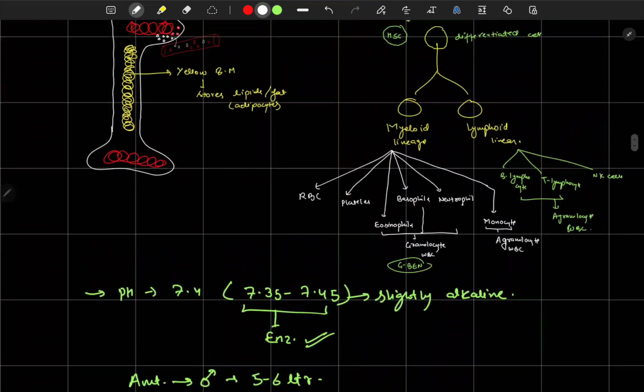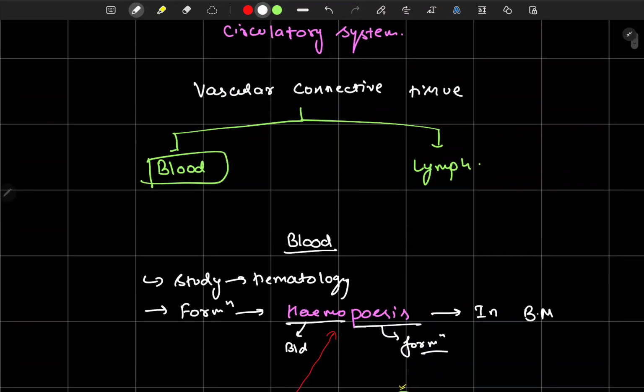Another thing that I would like to tell is that over here I have written vascular connective tissue, and I have mentioned blood and lymph. Actually, connective tissue of the body is something that connects two different organs. So this indeed connects different organ systems of the body, but still this is not considered a true connective tissue.